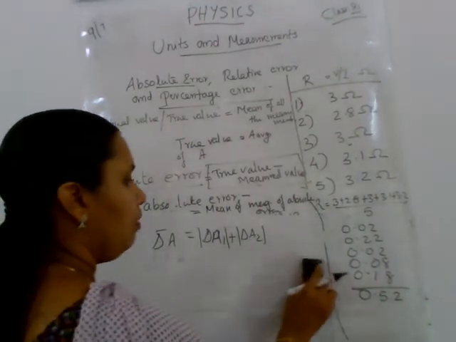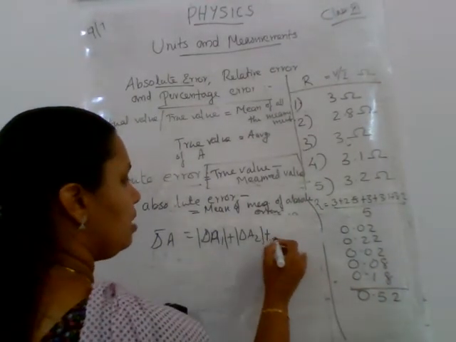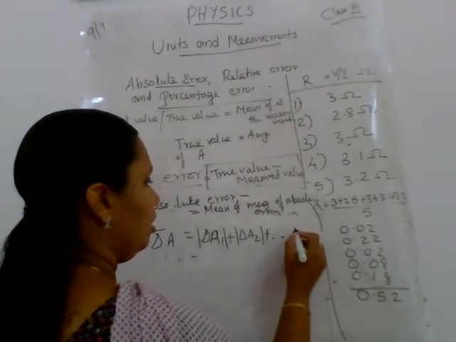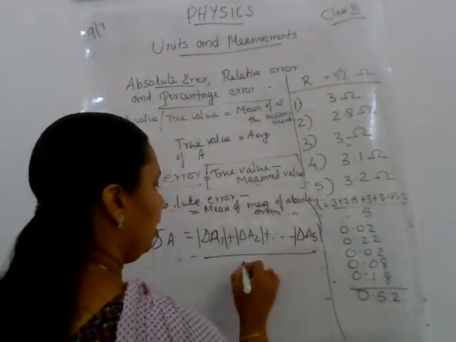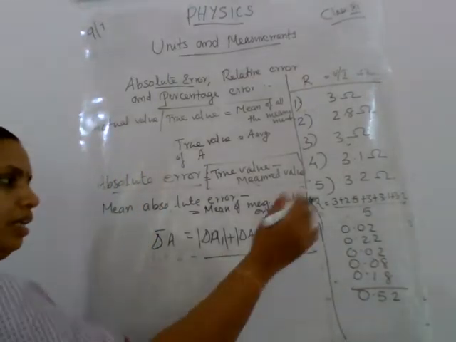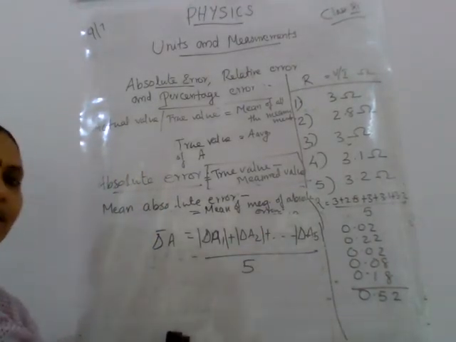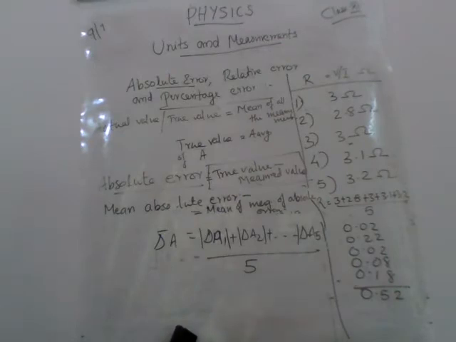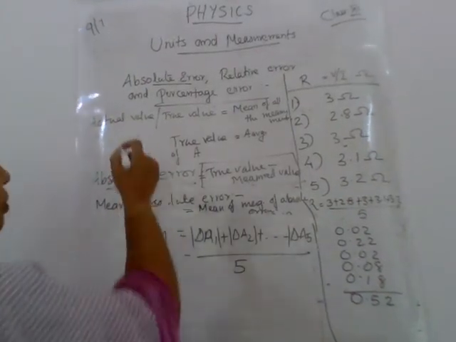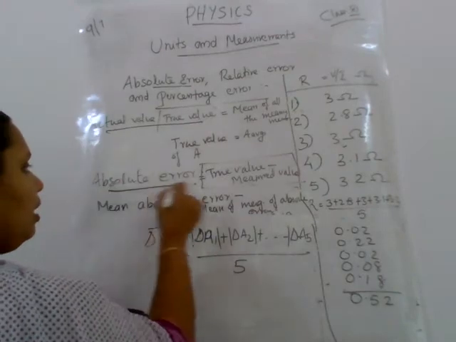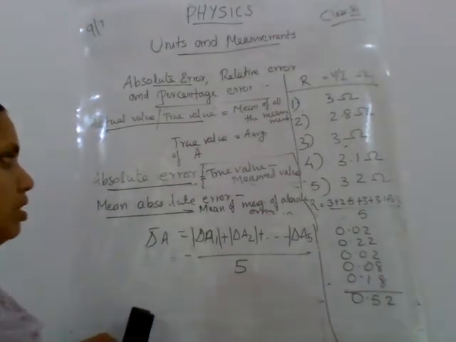Only the value we are considering, plus delta A5, divided by 5, or divided by N, where N is the number of measurements. Okay, we can generalize like that. That is the mean absolute error. So actual value, true value, absolute error and mean absolute error.